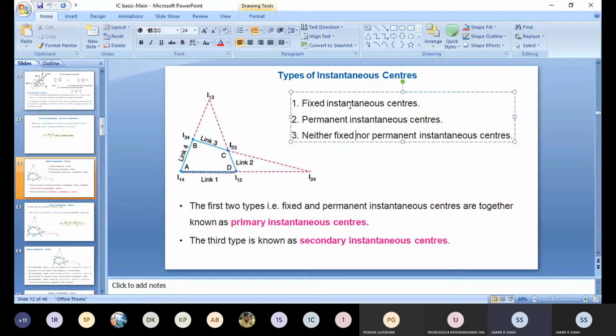Now, which are considered fixed instantaneous centers? Those on the fixed link. It is very easily identified that I14 and I12, as shown in the figure, are the fixed instantaneous centers. I repeat, I14 and I12 are the fixed instantaneous centers.